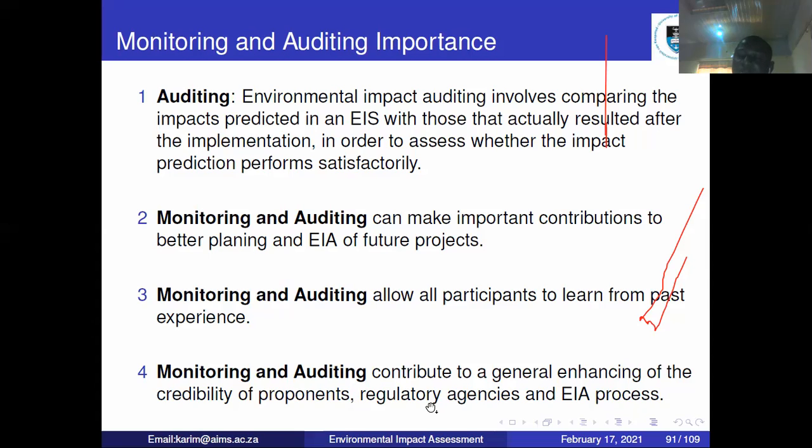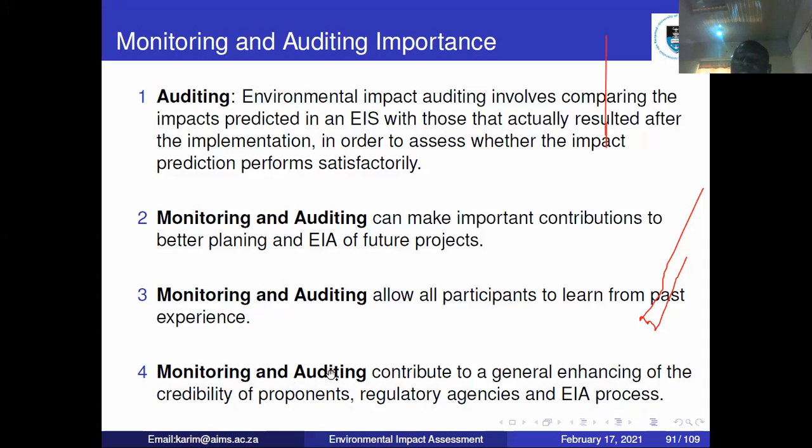When this happens, the credibility of you, the one undertaking the project, the Ministry of Environment, Science and Technology, environmental protection agencies, all of you, your credibility will be challenged because how did you approve such a project when you know very well, or how did these negative effects of this particular project escape professionals like you? So your credibility will be questioned.